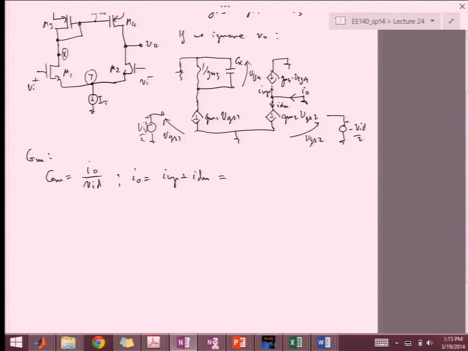And in this case, if we look at the I up, that's minus GM4 times VSG4. And then VSG4 we can express from this side over here as minus GM1 times VID over 2 times 1 over GM3 in parallel with 1 over SCX, right?